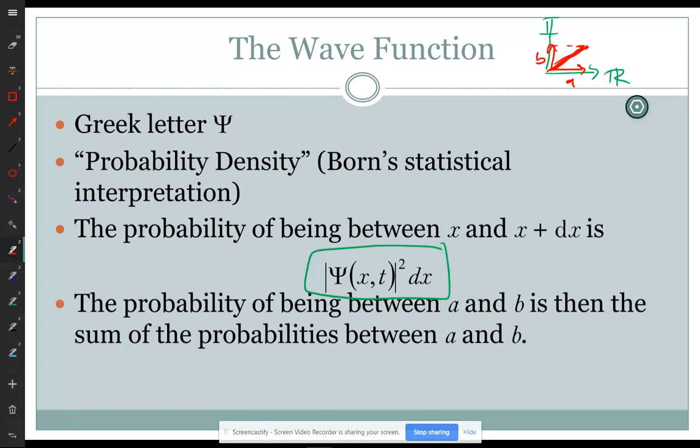Now mathematically, let's say psi is equal to A plus iB. So you can right away say then the magnitude of psi should be the square root of A squared plus B squared, right? And there's our answer.